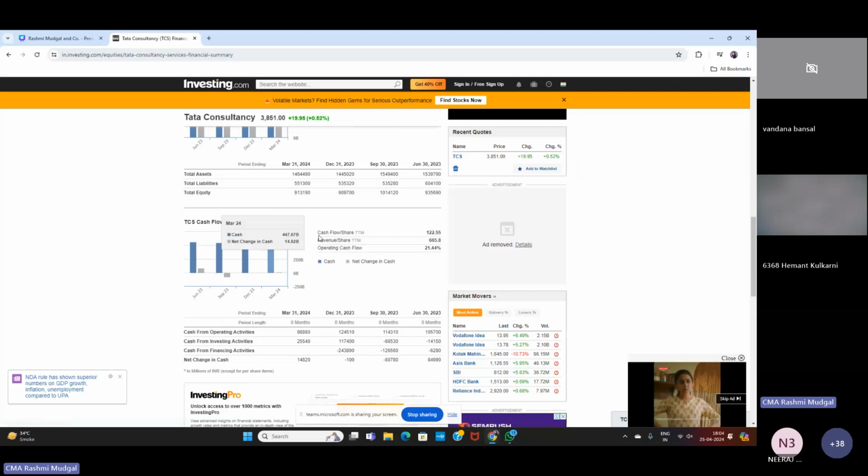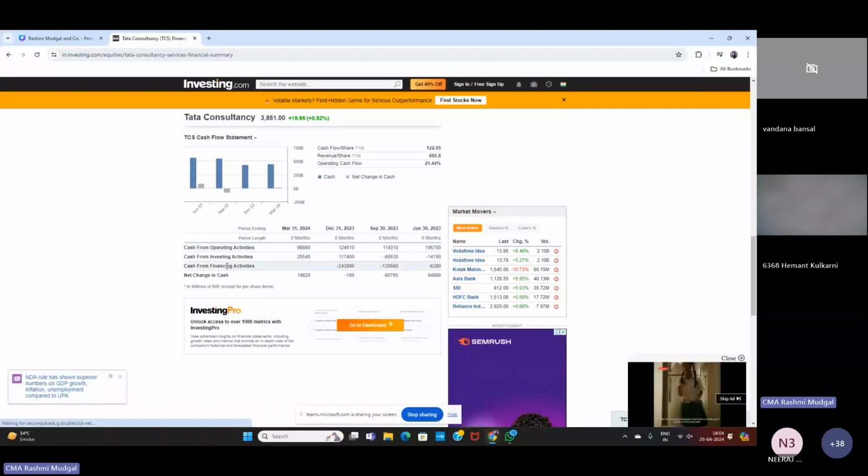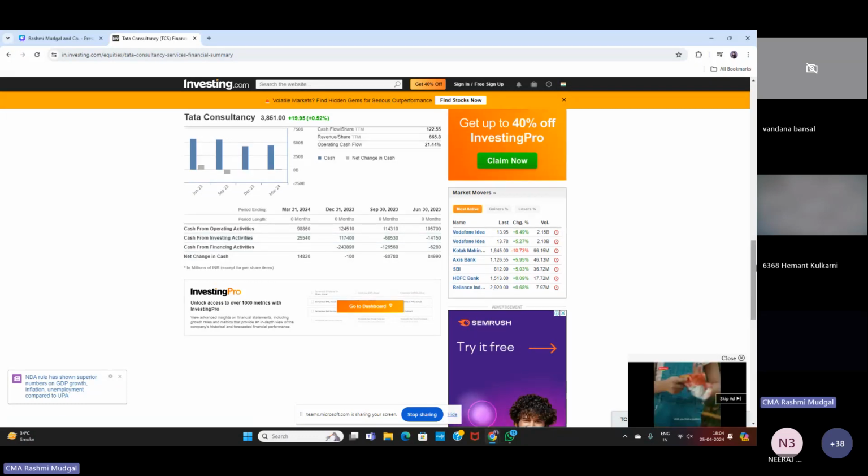Now we come to the cash flow statement, where from operating activities I'm getting cash of 98.8 billion. The amount is in billions. Investing activities are there. Financing activities is negative, which means they have paid their debt off.